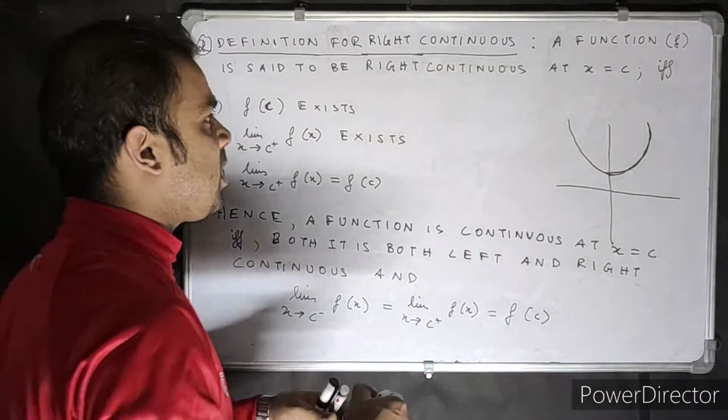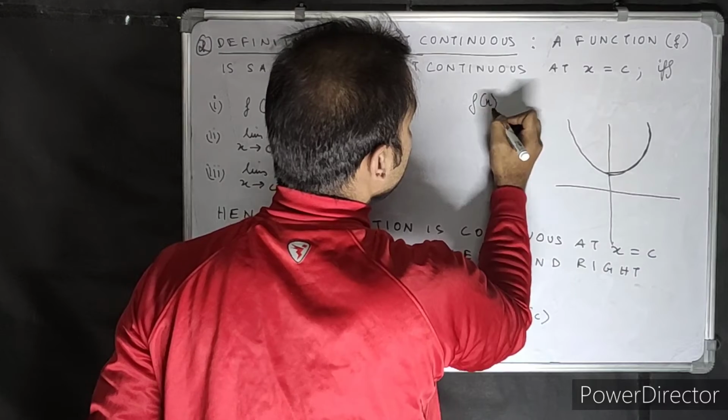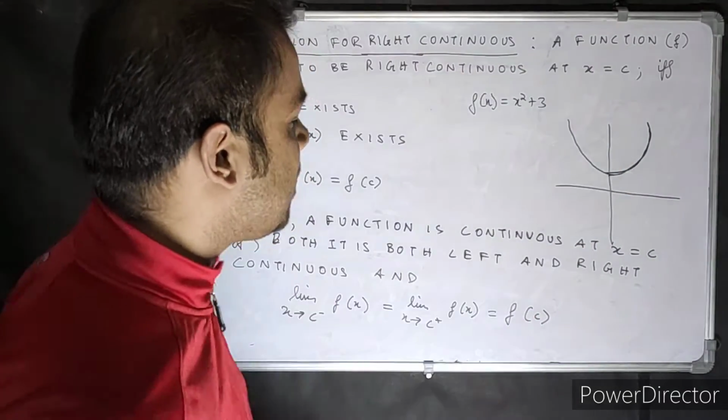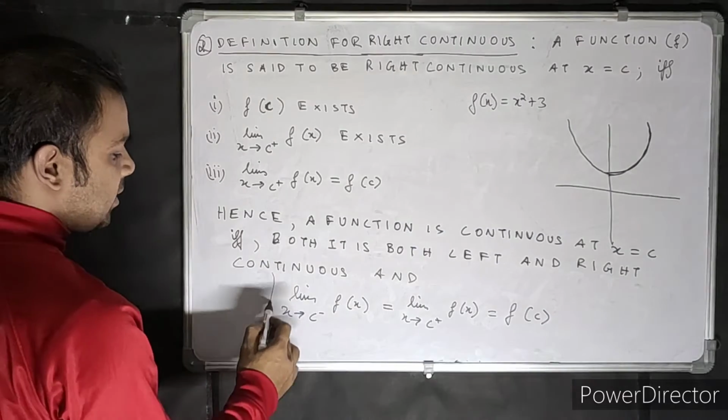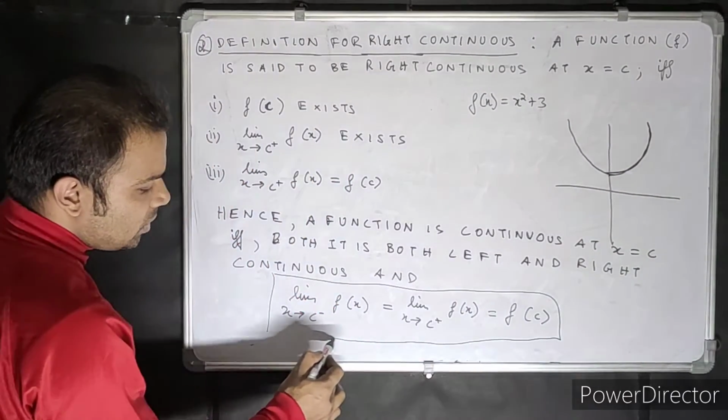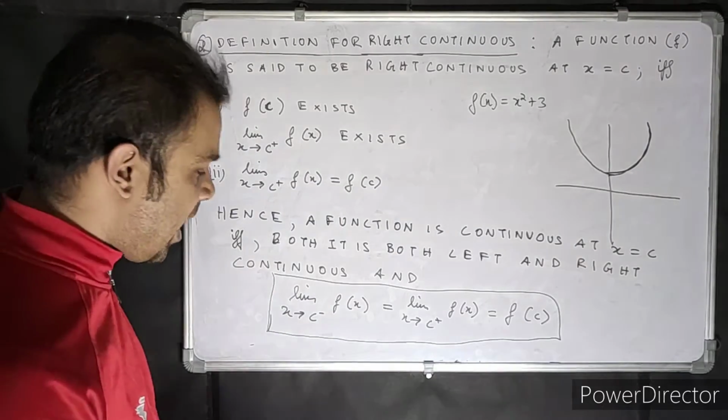So the function that I have given you, f of x equals x squared plus 3, has somewhat of a graph like this. So when limit of x tends to c, any c that you have chosen, I had chosen 3 that time, you can choose 5.